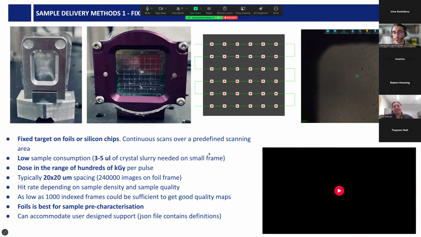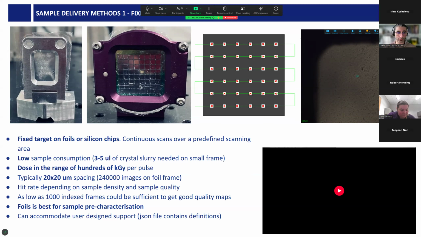So in terms of sample delivery, we are supporting three main sample delivery methods for the users. But as I said before, we also have the capability to accommodate user-developed sample delivery methods. The first one is fixed target, either on foils or sheet-on-sheet support or silicon chip.